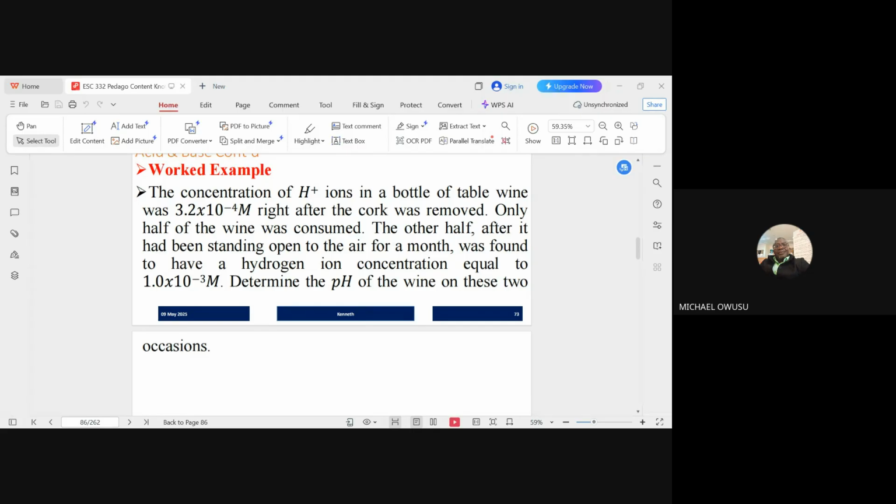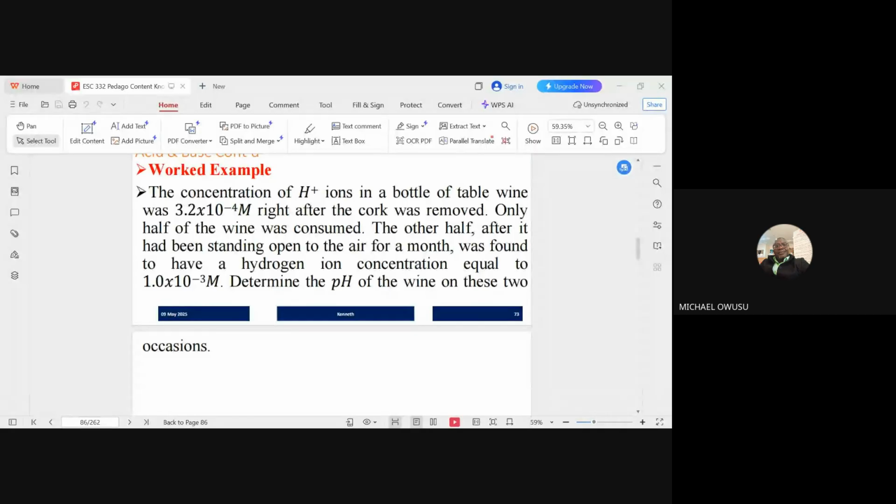How did you get it? She got it by dissociating the HCl. According to her, the HCl is a strong acid, so complete dissociation. You look out for the mole ratio, and the mole ratio will be 1:1. So if the molarity of the acid is 0.205, the concentration of the H plus is 0.205, and that is the first part. The second part, you are supposed to calculate the pH.